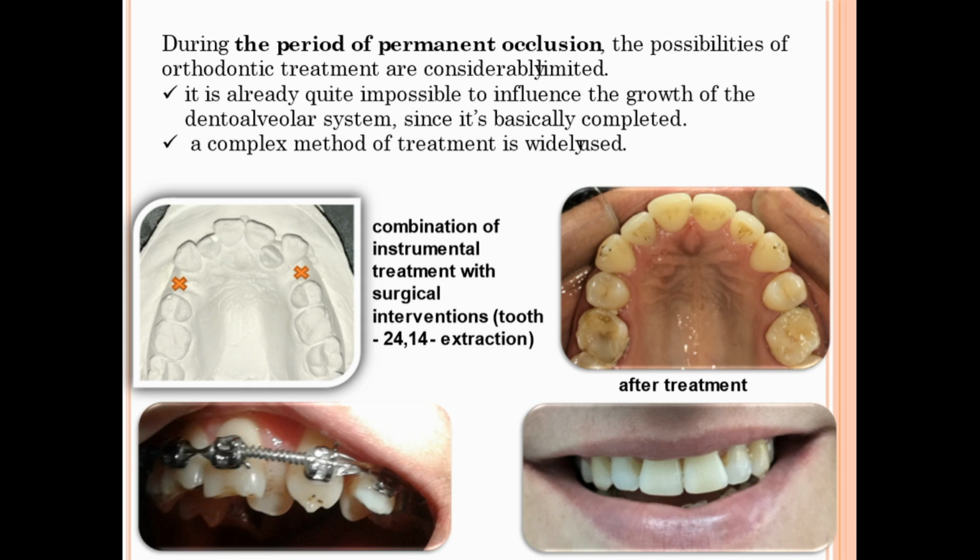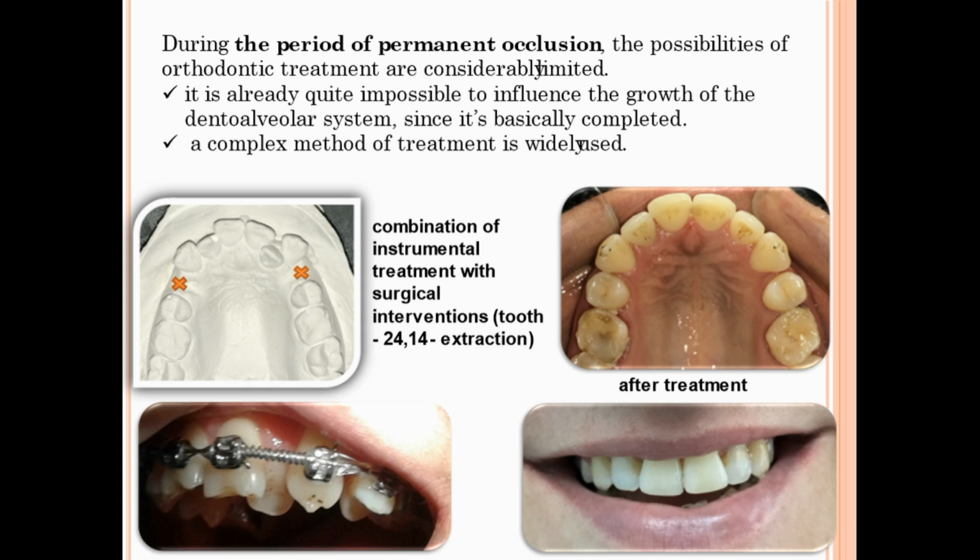In this period, a complex method of treatment is widely used, for example, a combination of instrumental treatment with surgical interventions such as tooth extraction, compact osteotomy, plastic of shortened bridles of the upper or lower lips, and such like.